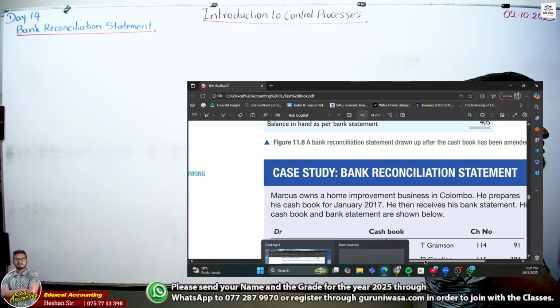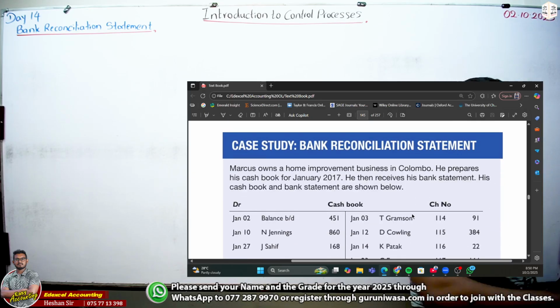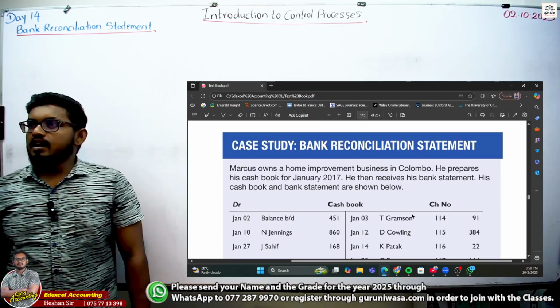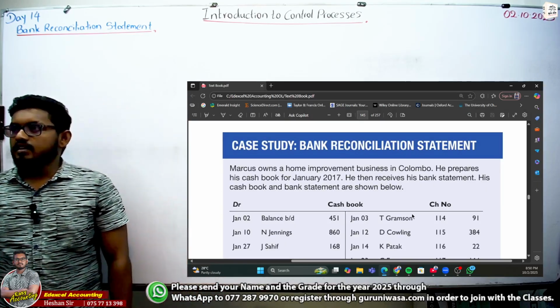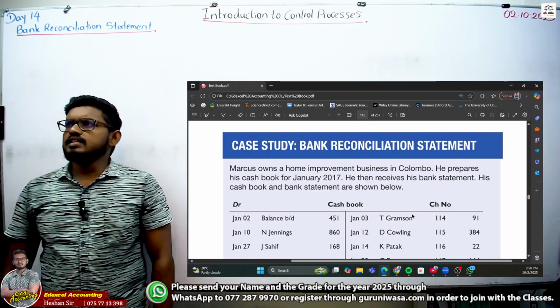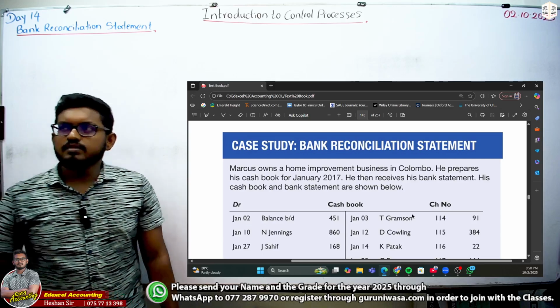Marcus owns a home improvement business in Colombo. He prepares his cash book for January 2017. He then received his bank statement. His cash book and bank statement are shown below.